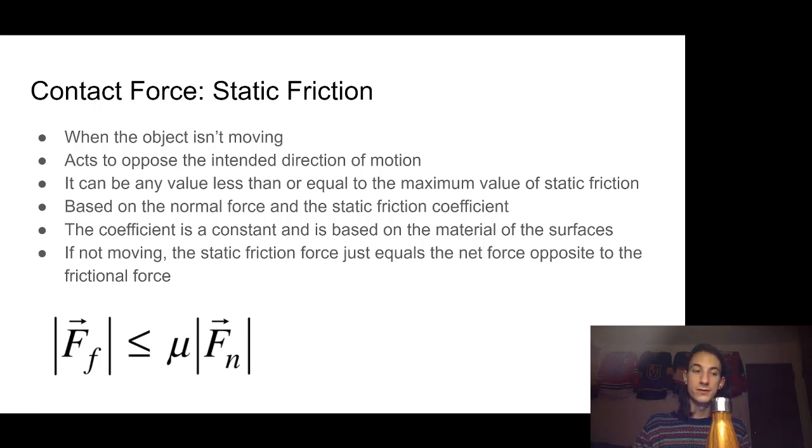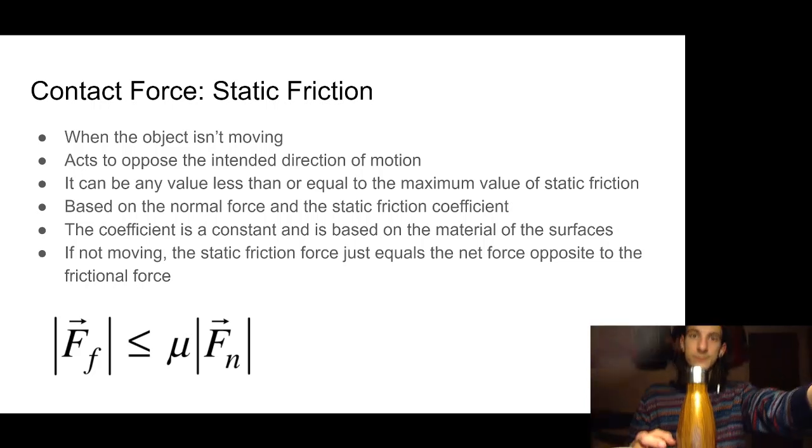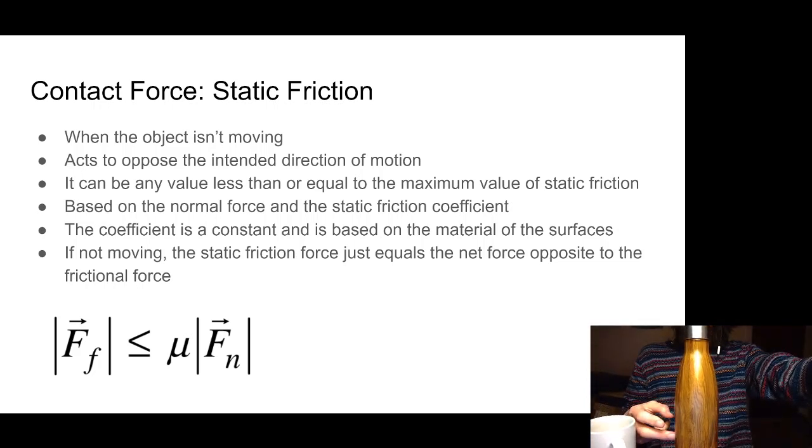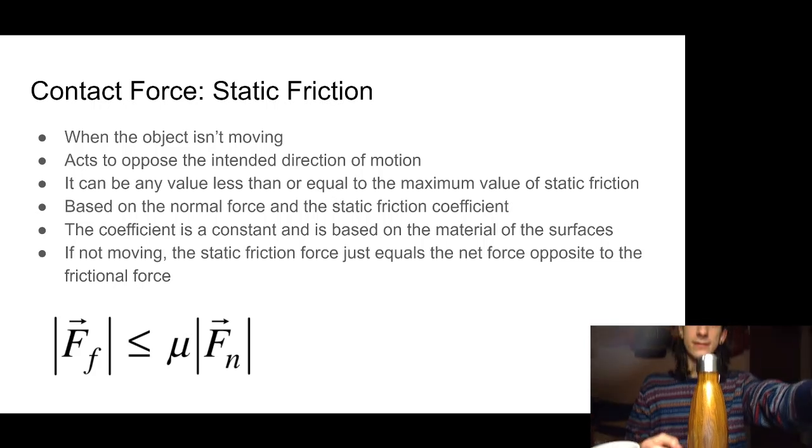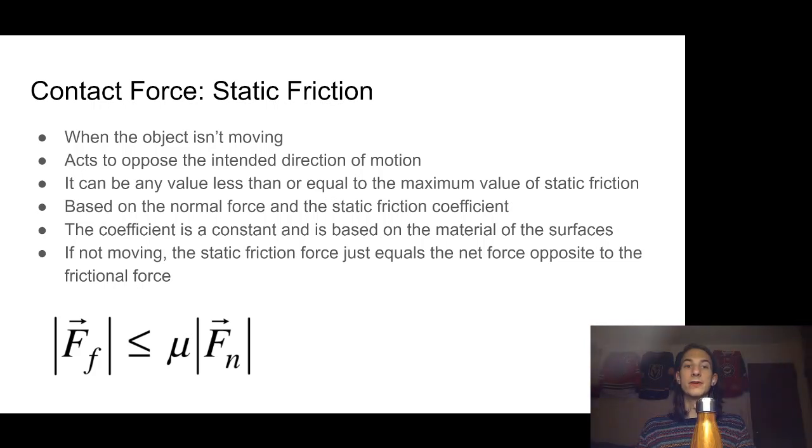I eventually reach some stronger force, and then my water bottle actually moved. But up until this point, it was static, it was stationary. It wasn't moving. I don't know if you can see this or not. But so my water bottle, it's not moving. And then eventually I get past that static friction maximum, and then my object will move.